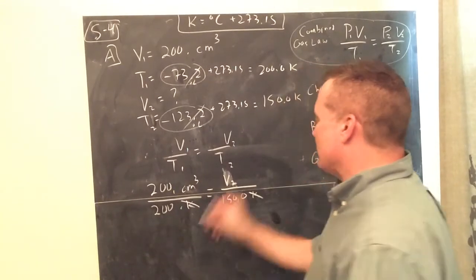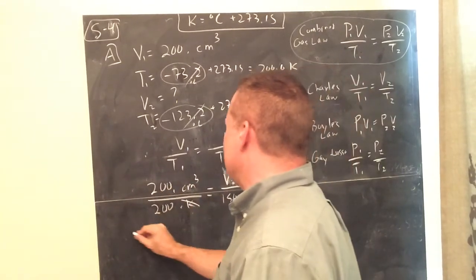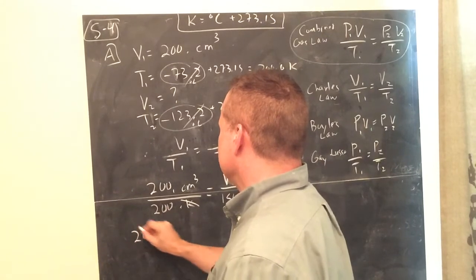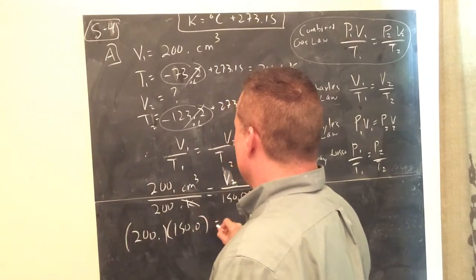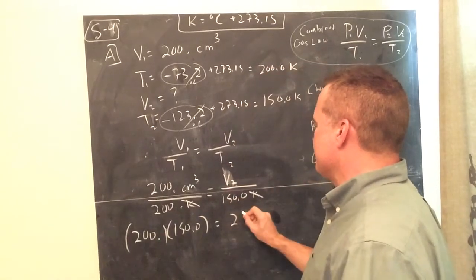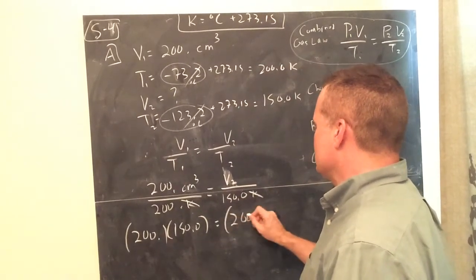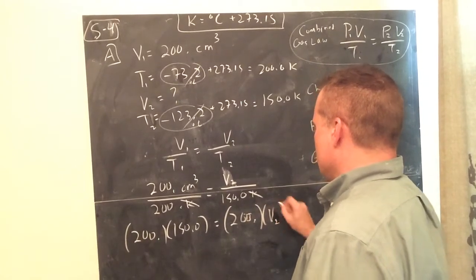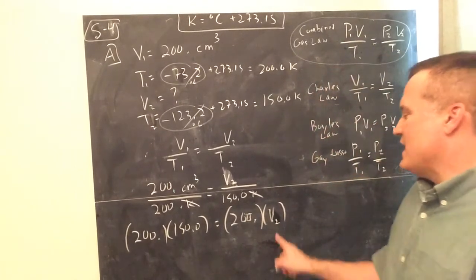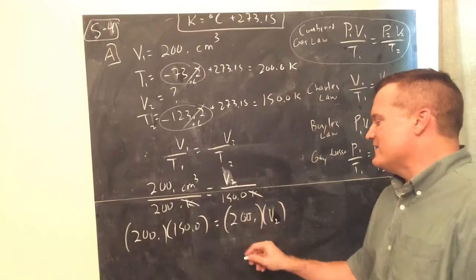Then cross multiply. So 200 times 150 equals 200 times V2. So, the next thing, to isolate V2, divide both sides by this.